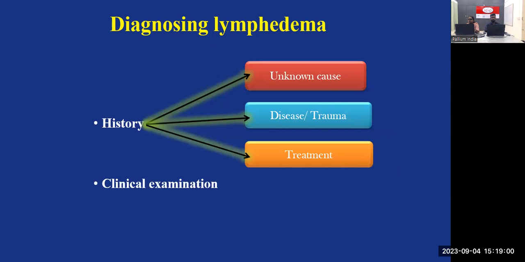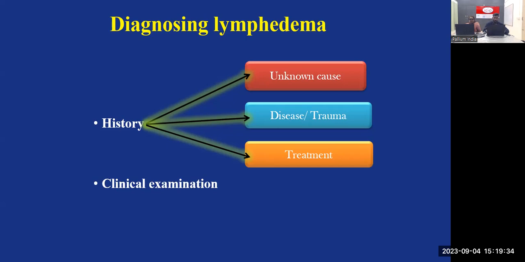Coming to the diagnosis, we know not all edema is lymphedema. Renal problem patients can develop pedal edema. And if the patient is having some cardiac issues, that patient also can develop lower leg edema. So you have to keep all these things in mind. If a patient is complaining of edema, especially in their lower legs, you have to take a proper history.